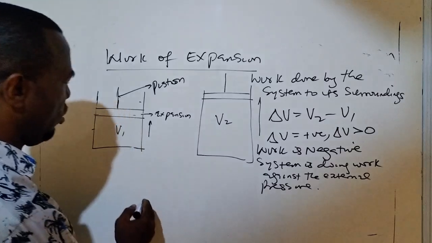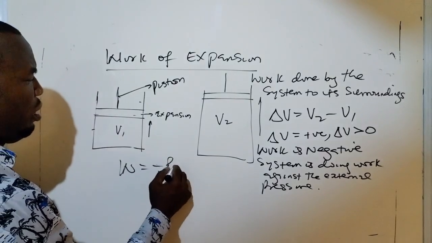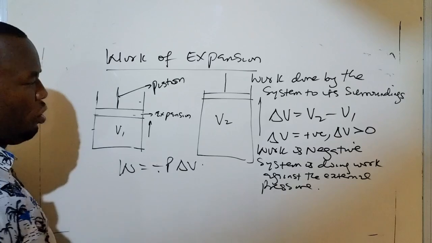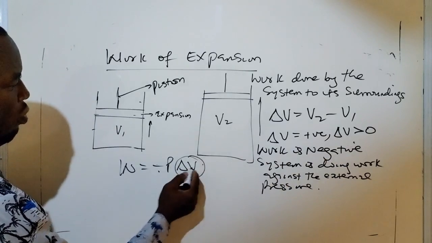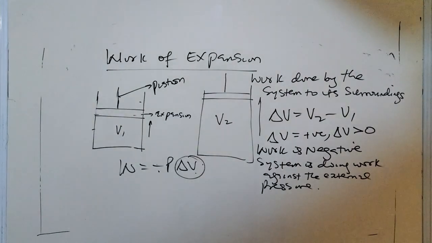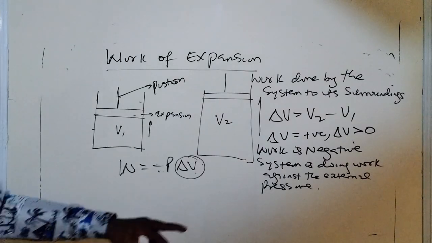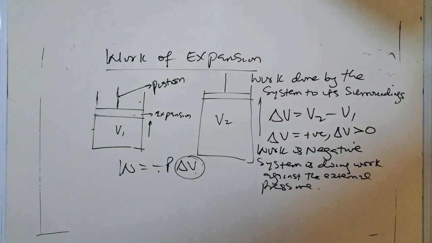You look at the formula for work, where you have w = negative P delta V. If delta V is positive, as we said, and you substitute the value of delta V here, the work will still become negative. So when a gas is expanding, the piston is being pushed up, the change in volume becomes more than 0, or positive. We say that work done by the system is negative work because the system is doing work against the external pressure and the system is losing heat energy. We say we have a negative work.